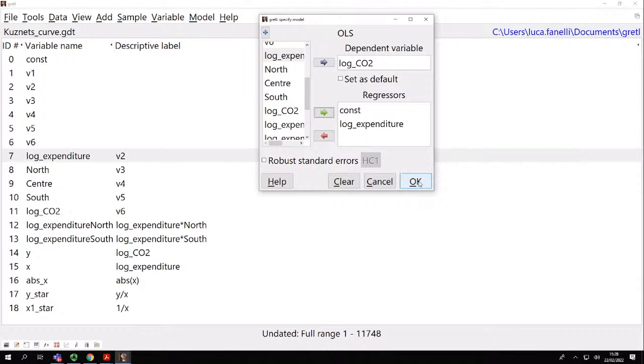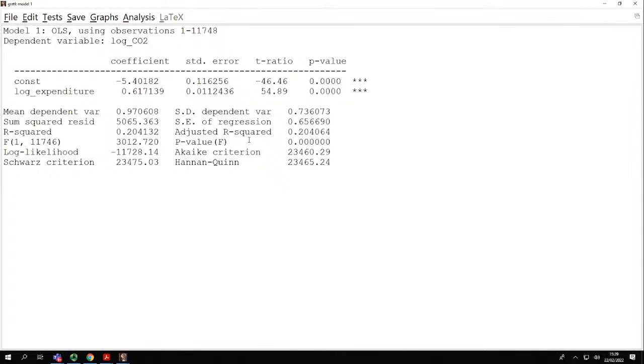For the moment I don't select the robust standard error. I simply estimate this model, and I get this estimation output. As I gave the intuition yesterday, when you find many stars here, or a T ratio which is large, say larger than 2, as in our case, you can imagine that the ratio between the estimated coefficient and its precision, because the standard error is a measure of variability of my estimate, is quite good.